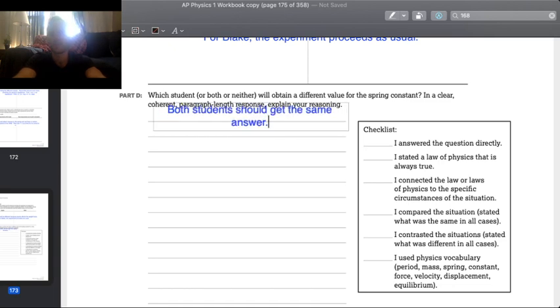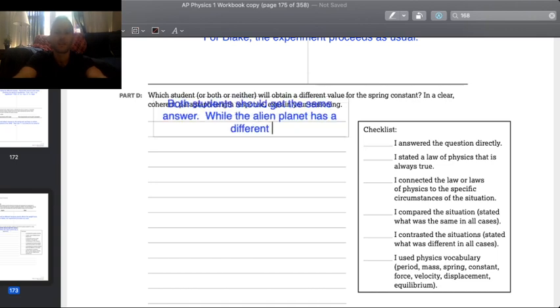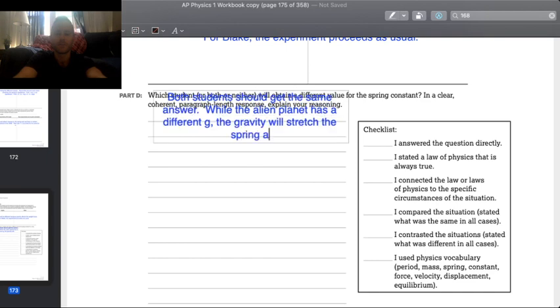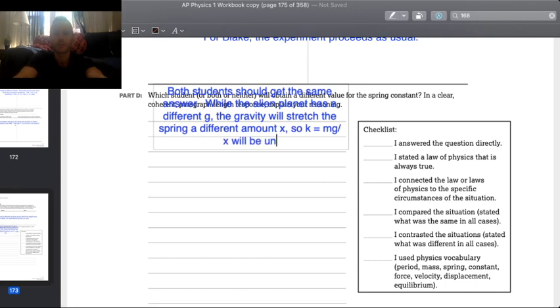While the alien planet has a different g, the gravity will stretch the spring a different amount. So k equals mg over x will be unaffected. Okay?